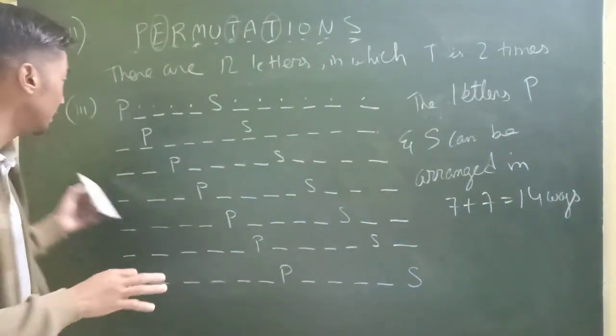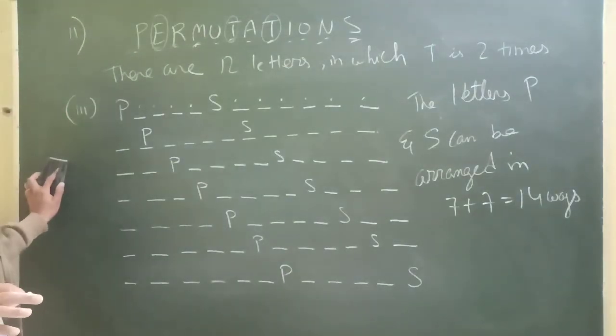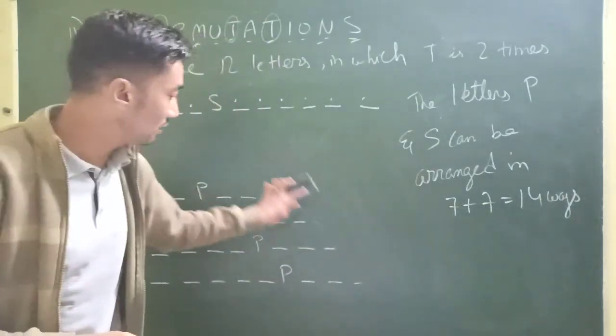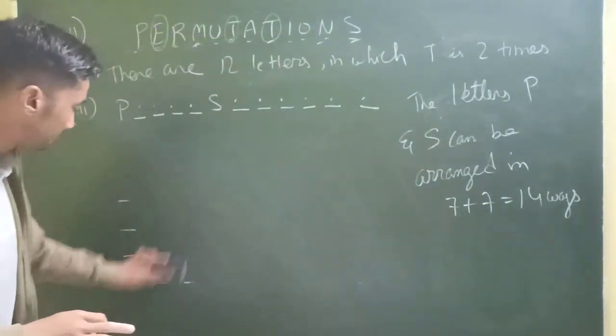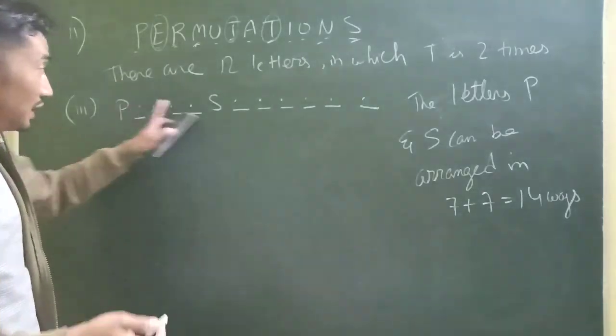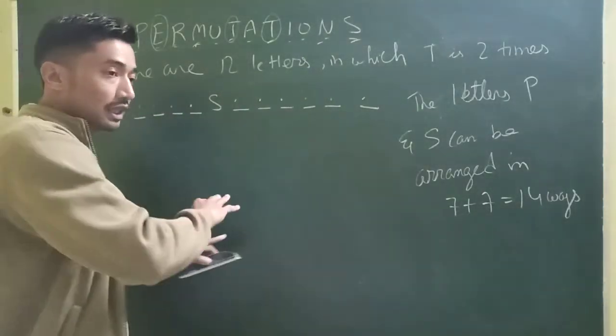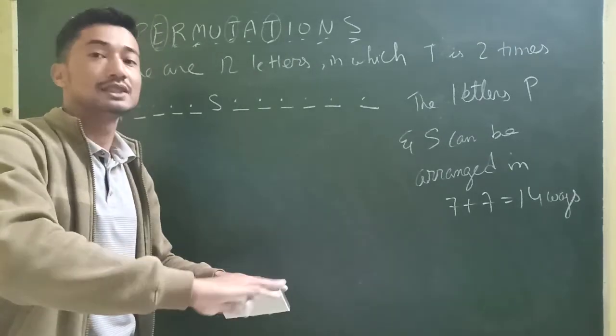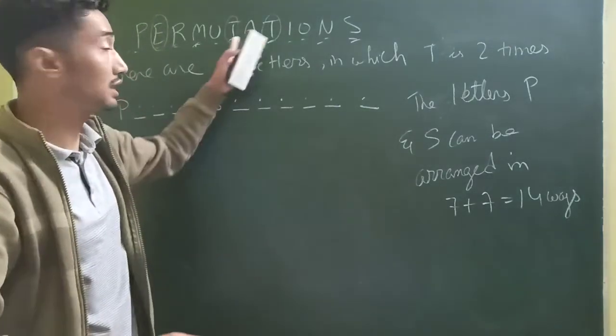I'll be rubbing off the remaining values. I hope you have written it down. You can pause. The remaining 10 spots can be filled up again by the remaining 10 letters. P and S only are fixed, but the remaining 10 letters can be rearranged among themselves in how many ways? But don't forget T is repeated.